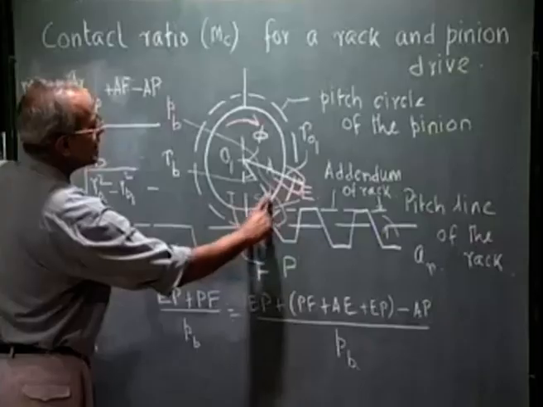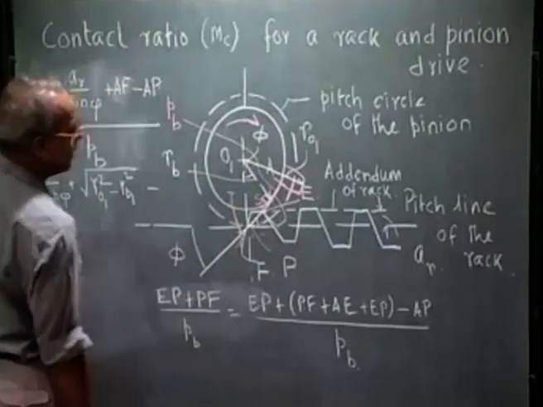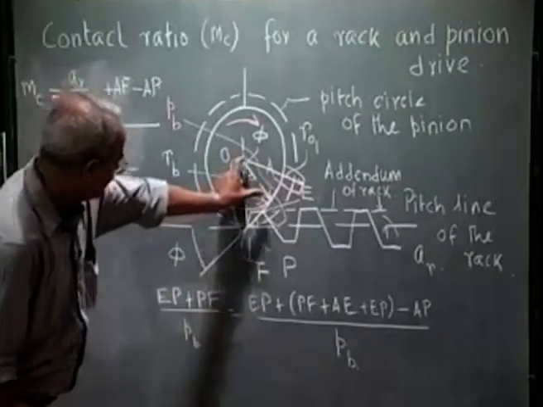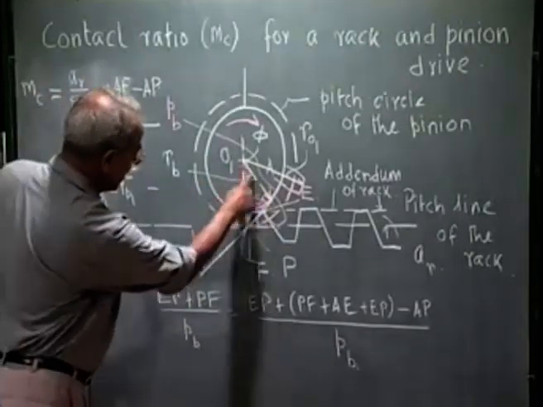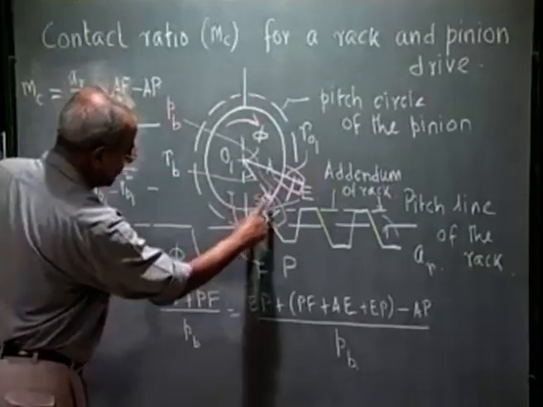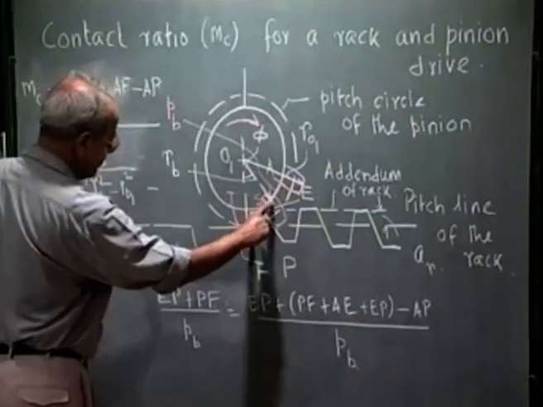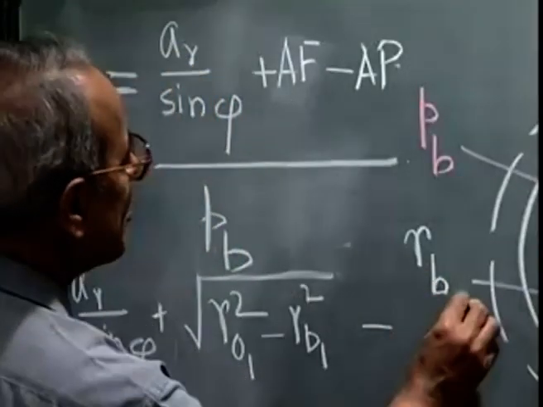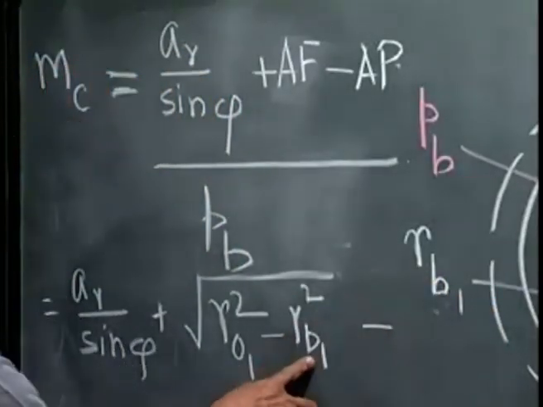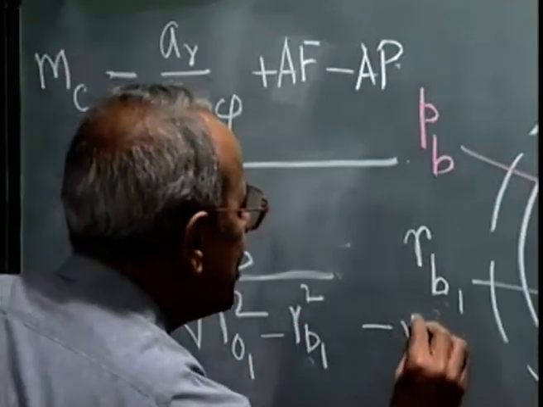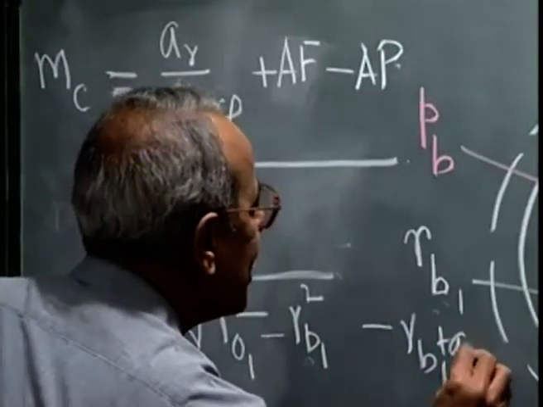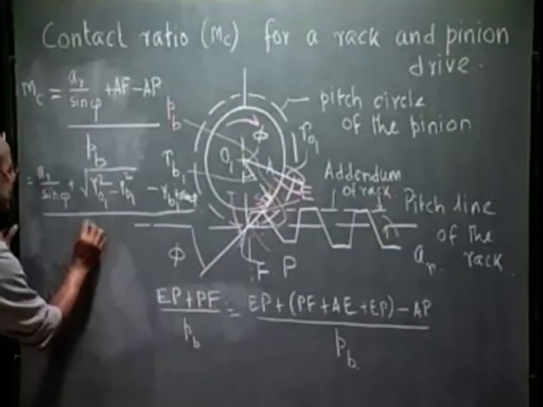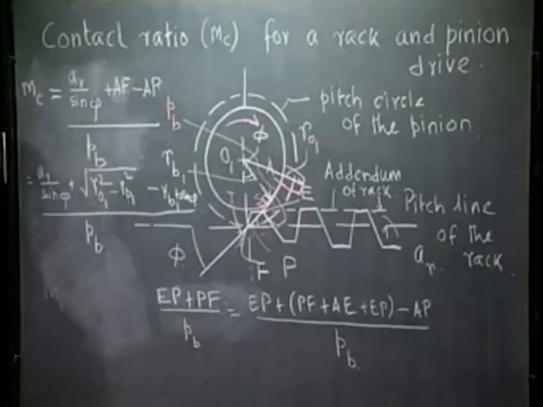AP is nothing but, this is phi and this is RB1. So, AP is RB1 tan phi. Tan phi is AP by RB1. So, AP is RB1 tan phi, divided by PB, for which I already wrote the expression.